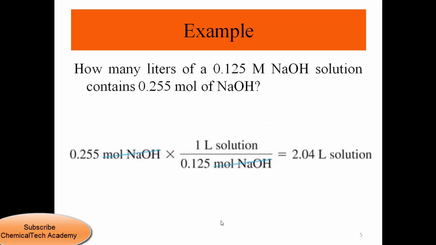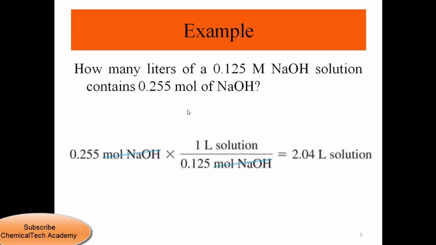Next example: how many liters of a 0.125 molar NaOH solution contains 0.255 moles of NaOH? Here we have the concentration and the number of moles, so we need to find the volume.